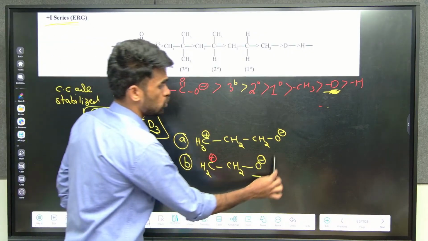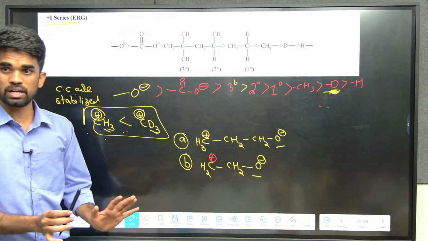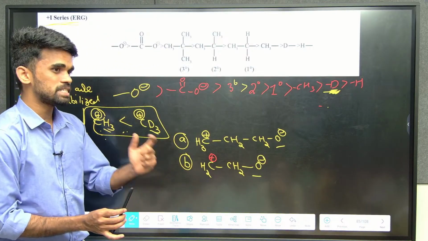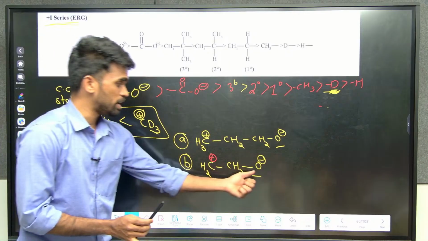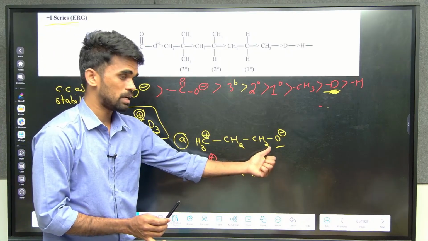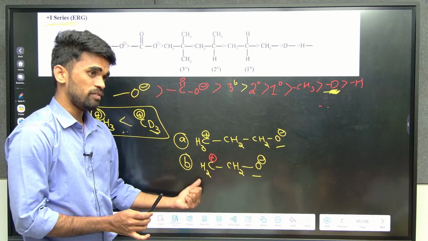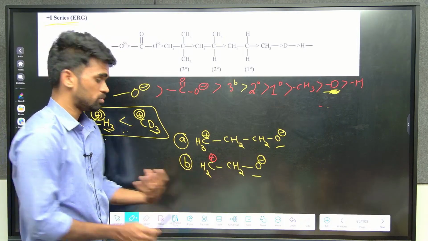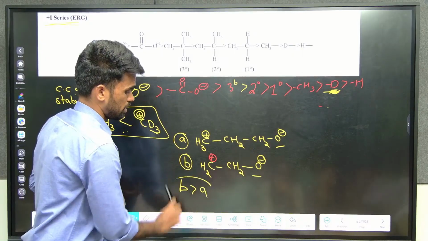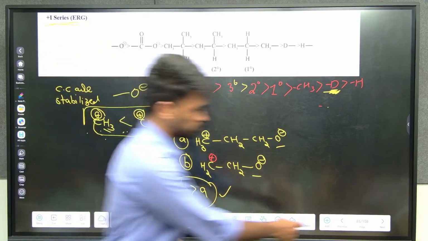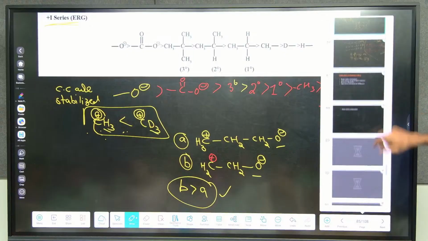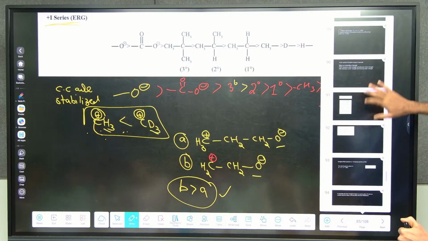See, O minus, O minus. Both of them are releasing groups only. But what about the distance? One is very close, the other is a little farther than this. The closer it is, the more the effect. So which is more stable now? B is more stable than A. Is this clear to everyone? Yeah.